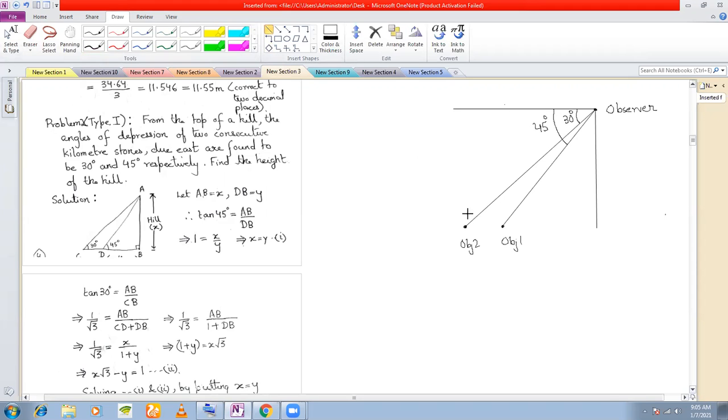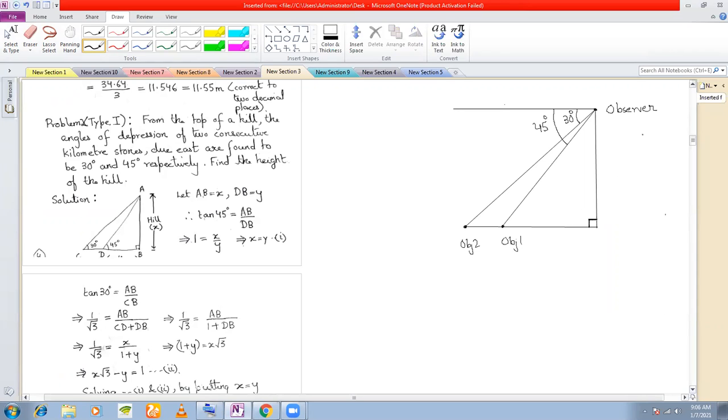Now you complete this right angle triangle in this way. You complete this right angle triangle, and here is your 90° angle.